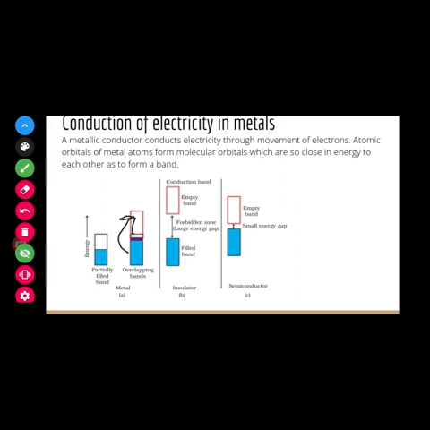In case of insulators, there's a large energy difference between valence band and conduction band, therefore it's not possible for electrons to move from valence band to conduction band, so these are non-conducting. In case of semiconductors, there's a very small energy difference, so some of the electrons might be able to move from valence band to conduction band. If you slightly increase the temperature, more electrons will be able to move from valence band to conduction band.